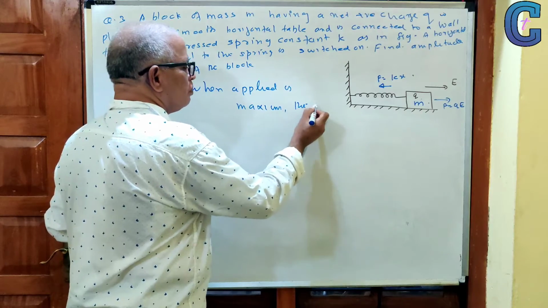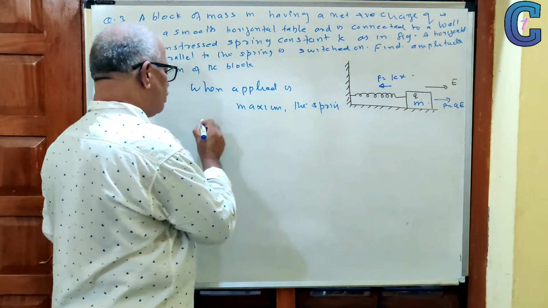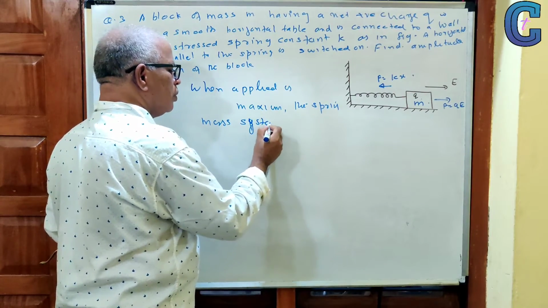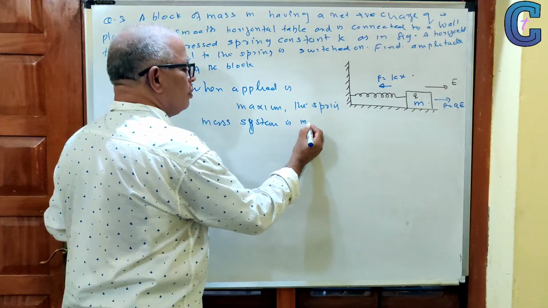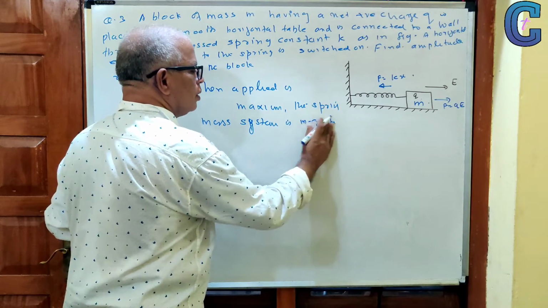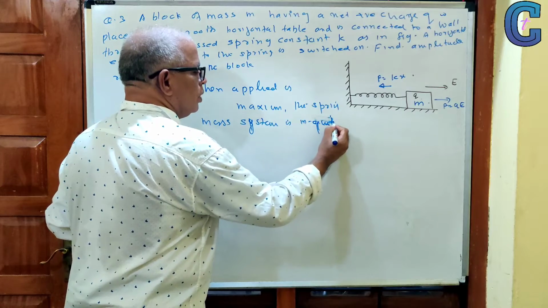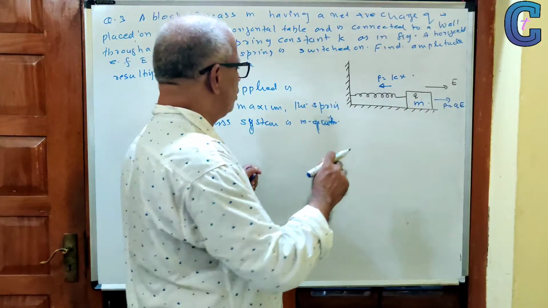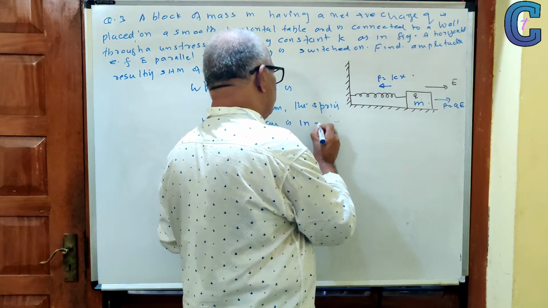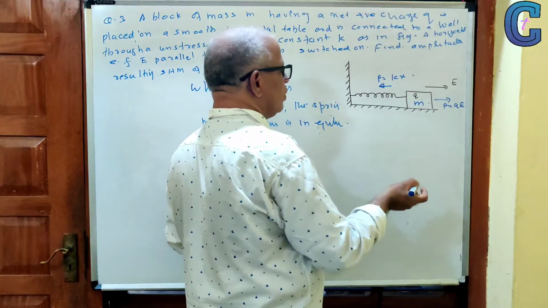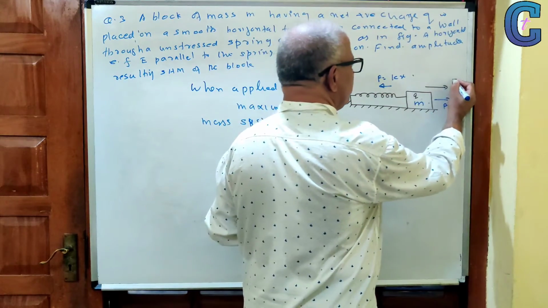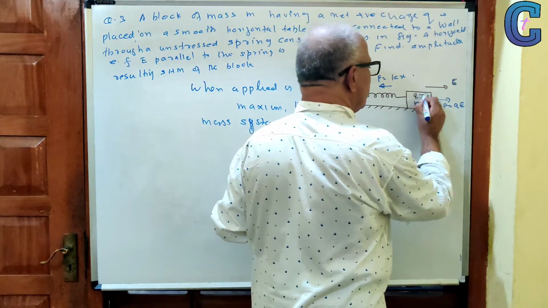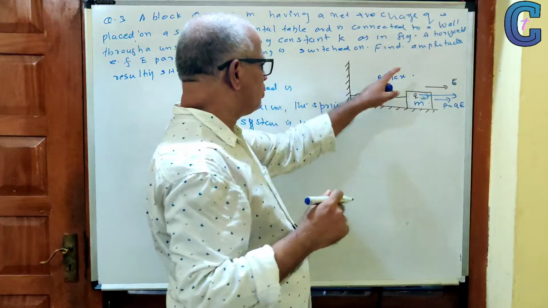When amplitude is maximum, the spring mass system is in equilibrium. Because why? In SHM, at the mean position, velocity is maximum, which is equilibrium. The electric field is in this direction, the charge is positive, so the charge moves in this direction. So the spring restoring force will be in the backward direction.